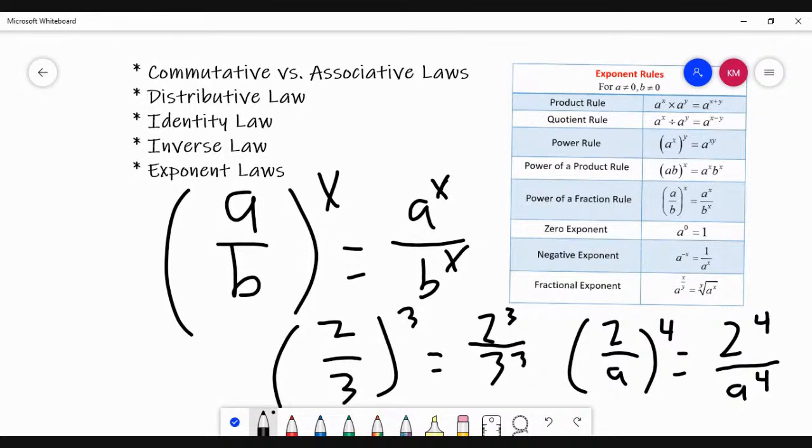Always remember, with the power of the fraction rule, when you have this fraction, you must raise both the numerator and the denominator to that power, because of course it's power of fraction rule. Everything must be raised to a power.